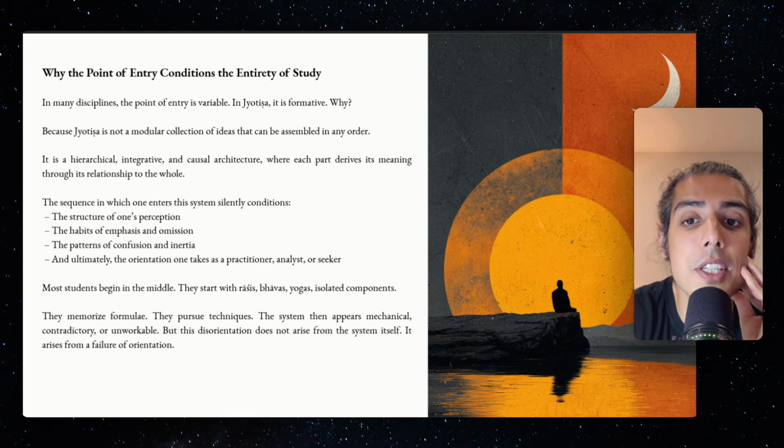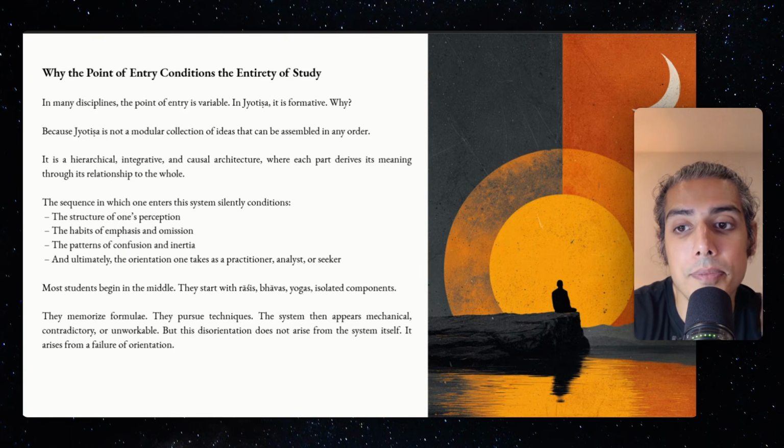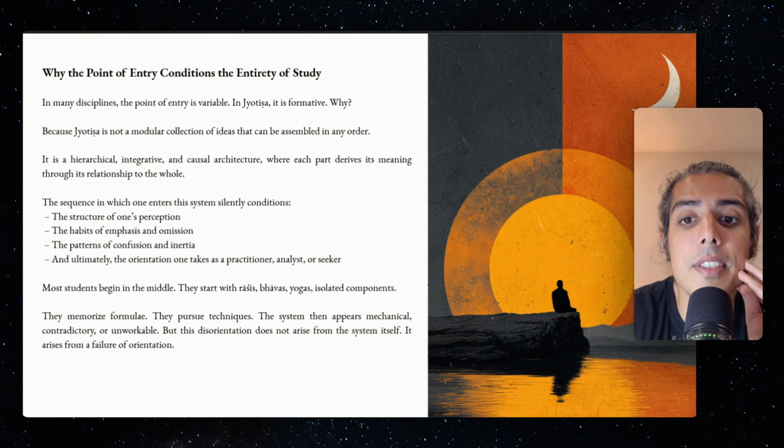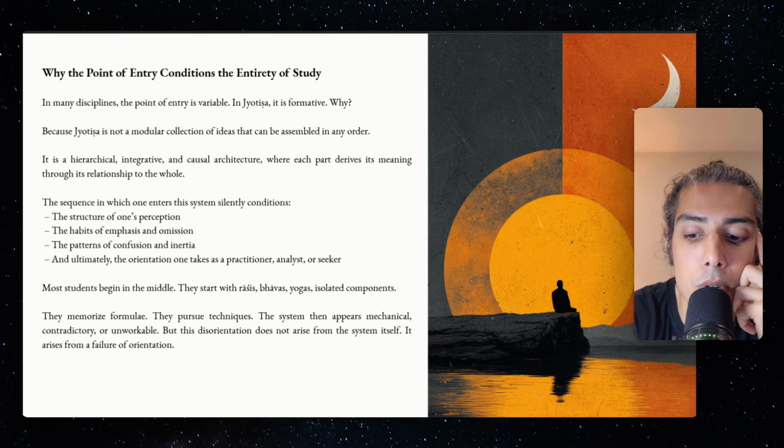They start with rāśis, bhāvas, yogas, or isolated components. They memorize formulae, they pursue techniques. The system then appears mechanical, contradictory, or even unworkable. But this disorientation does not arise from the system itself. It arises from a failure of orientation, a failure of understanding. The philosophical understanding is broken.